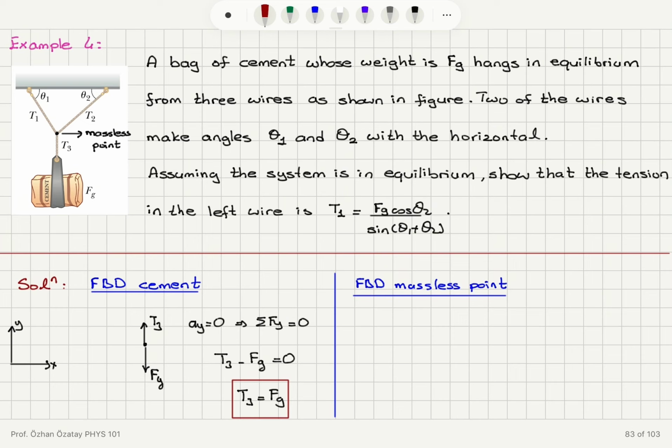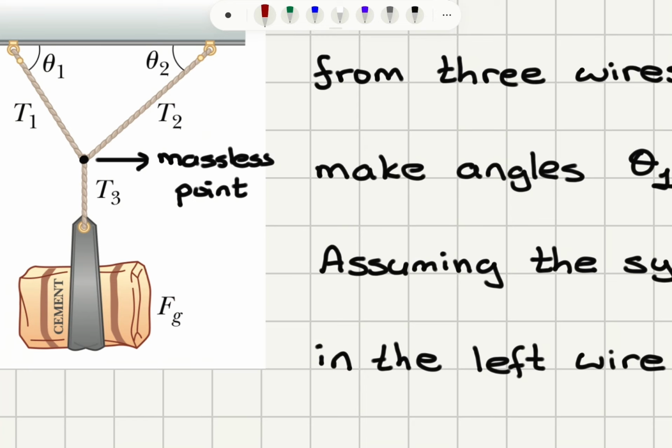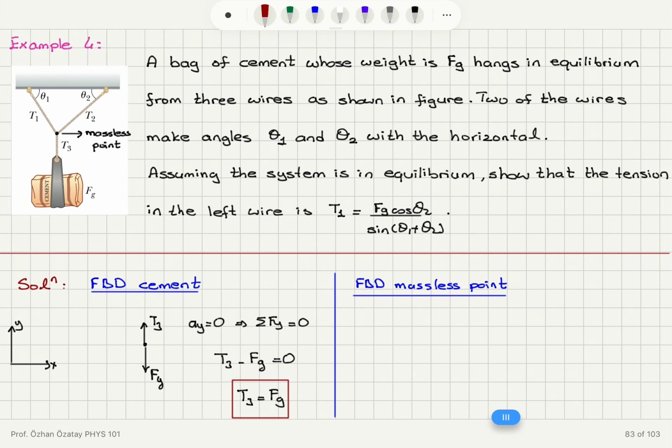Now, I have a massless point here. You can see that is the point, the joint between the 3 wires. It's a massless point, and I'm going to draw a free body diagram for this point. So this point feels the tension T3 pointing down. There is the tension T2 that is making an angle theta 2 with the horizontal.